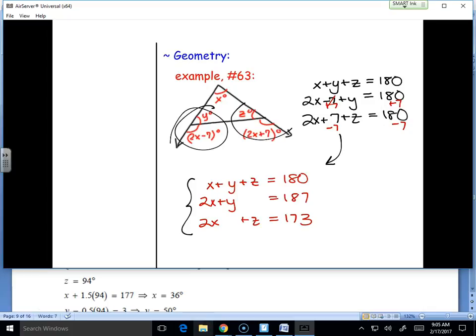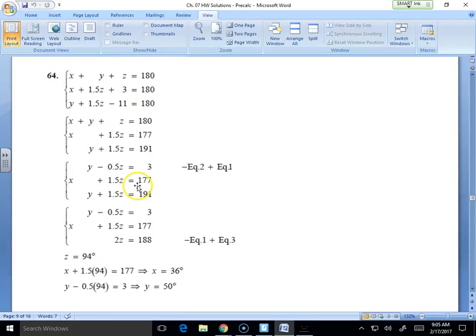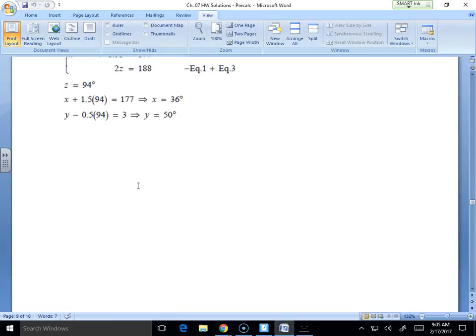You were supposed to set up 3 equations, and once you had 3 equations, yesterday I showed that you could move maybe the constants to one side, organize everything to be all nice and pretty. But once you plug and chug, you end up with final answers of z equals 94, x equals 36, and y equals 50.